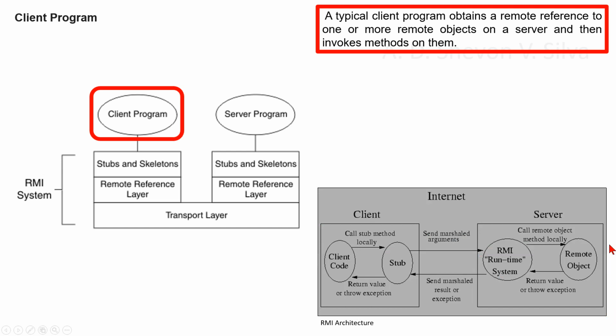This is another diagram for RMI architecture. Java Remote Method Invocation, RMI, which is a simple and powerful network object transport mechanism, provides a way for a Java program on one machine to communicate with objects residing in different address spaces.